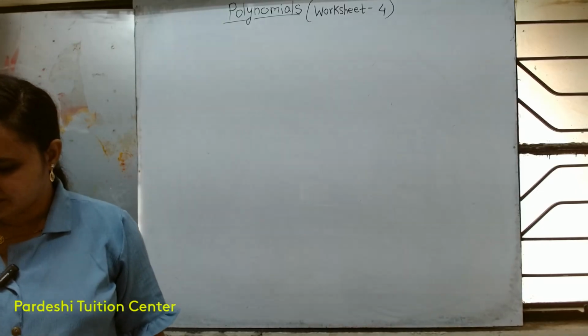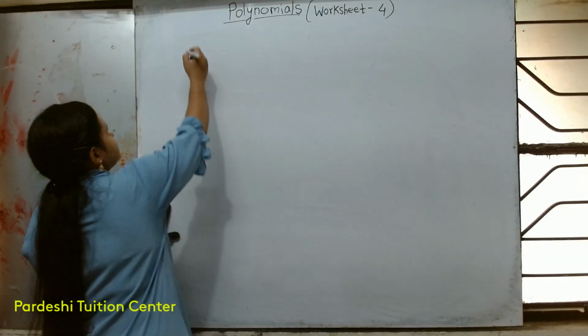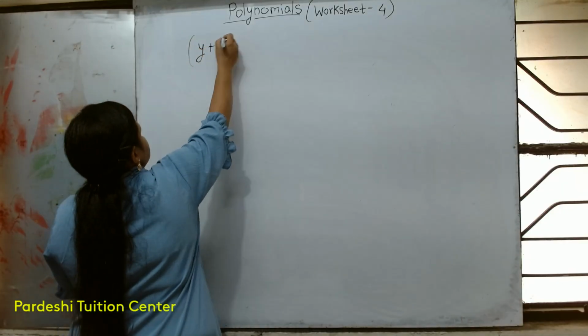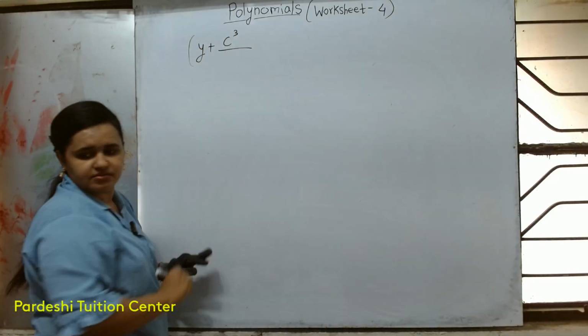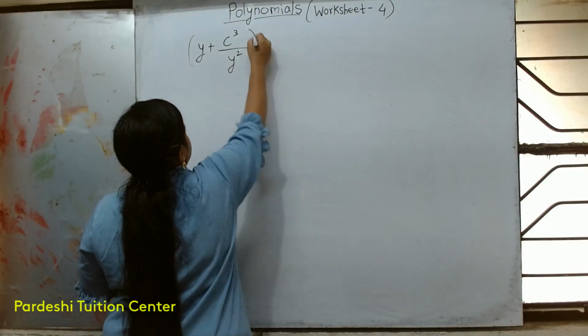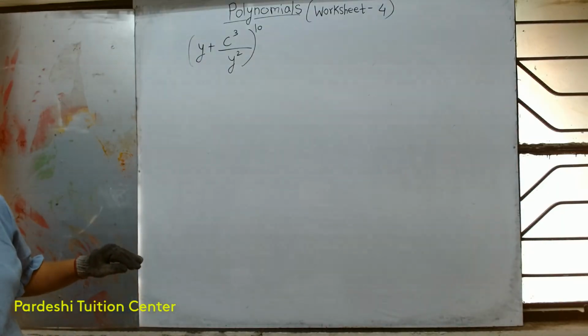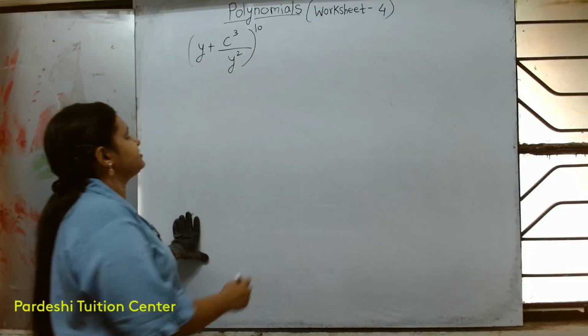Now the fourth question: the coefficient of 1 upon y square in (y plus c cube upon y square) to the power 10. The coefficient of 1 upon y square.